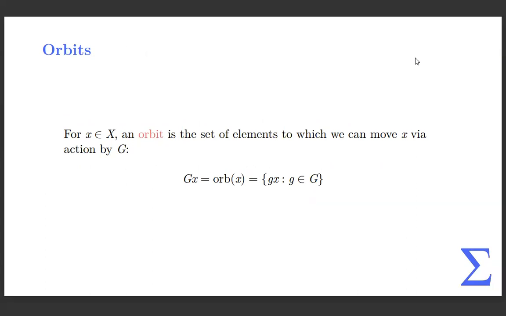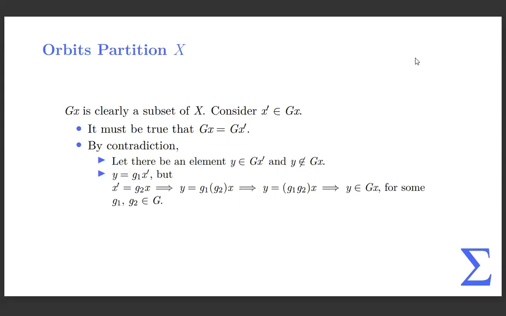So take G0, operate on X. You get G0X, G1X, G2X, G3X, G4X. That's this set. Okay. So again, it's nothing super special. All right. And orbits partition X. Now, this is interesting because there's no reason that you'd expect them to do this.